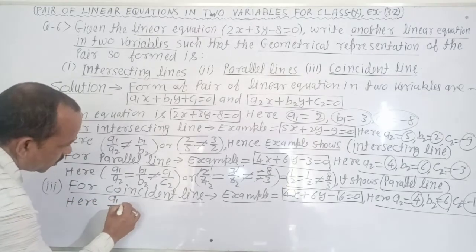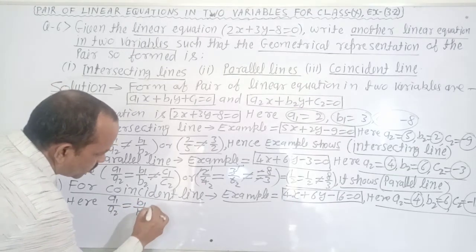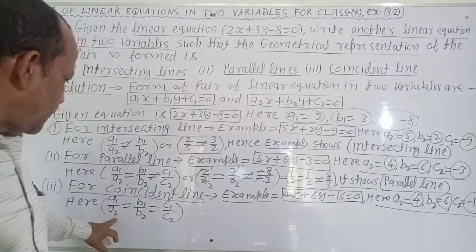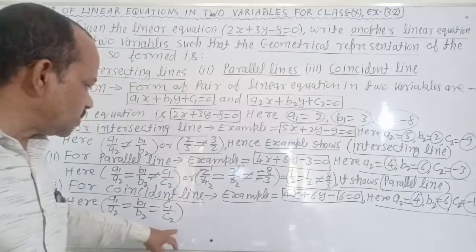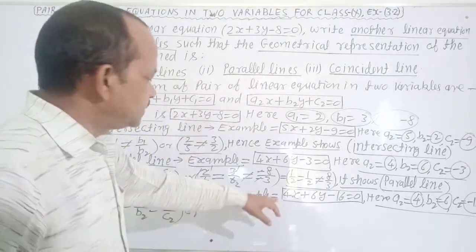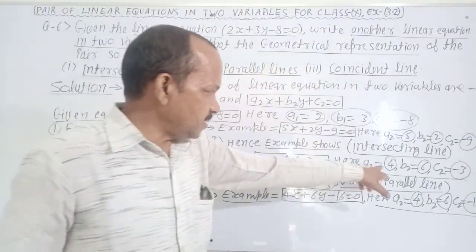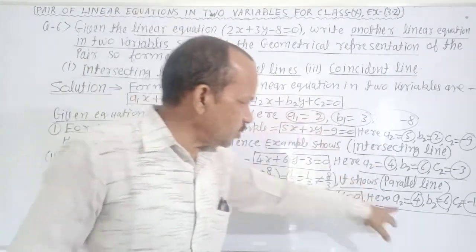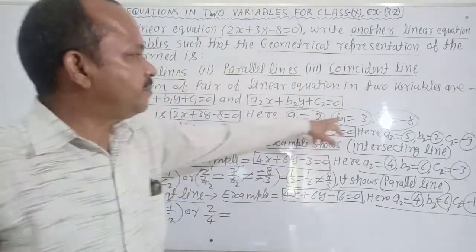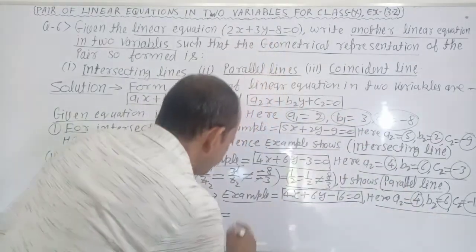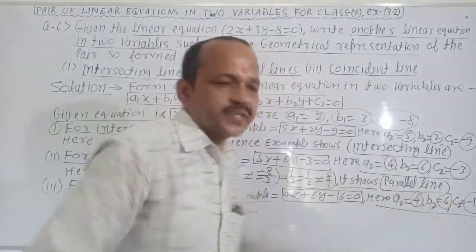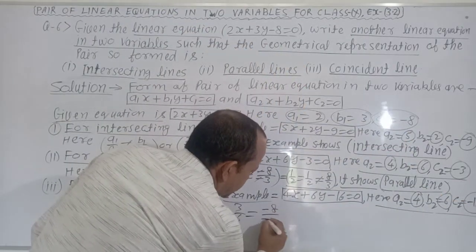Here A1 by A2 equal to B1 by B2 equal to C1 by C2. Here A1 2, A2 4, 2 by 4 equal to B1 3, B2 6, 3 by 6 equal to C1 minus 8, C2 minus 16, minus 8 upon minus 16.